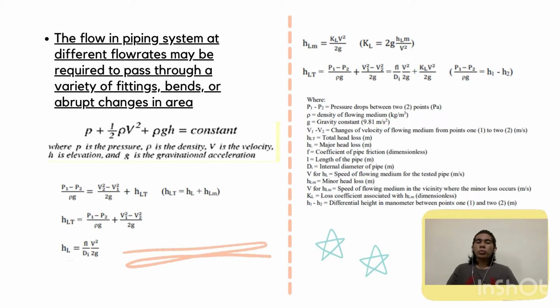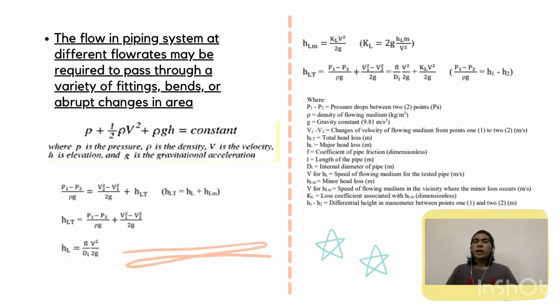The total of major head loss HL from equation 3 and minor head loss HLM from equation 4 can be used to find HLT. The value of loss coefficient KL is strongly dependent on the geometry of the component considered as well as the fluid properties, which include the Reynolds number RE and the mathematical function.